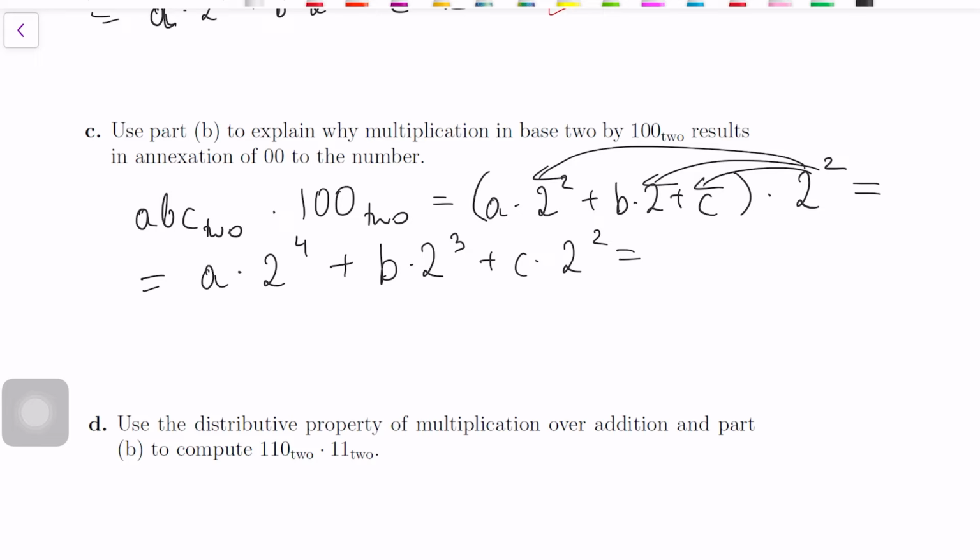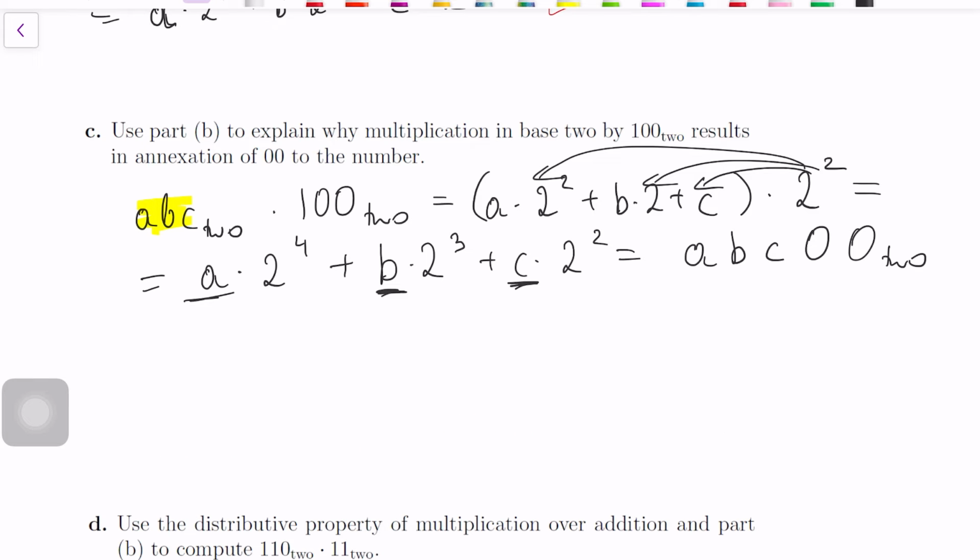So now what it means is that I have 0 longs and 0 units, but C flats, B blocks, and this one in dimension 4, I have no concrete model for that. So notice that it did result in annexation of 2 zeros.